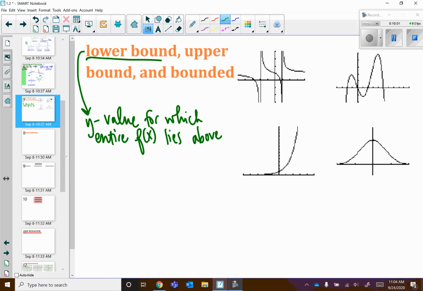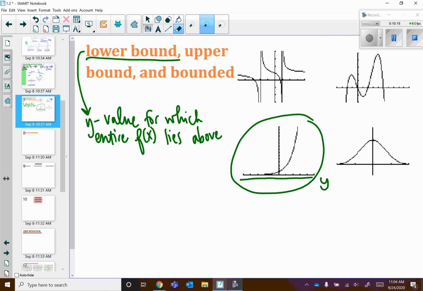So I'll show you an example of a lower bounded function. Right here, this function has a lower bound, a y value that the entire function is above.